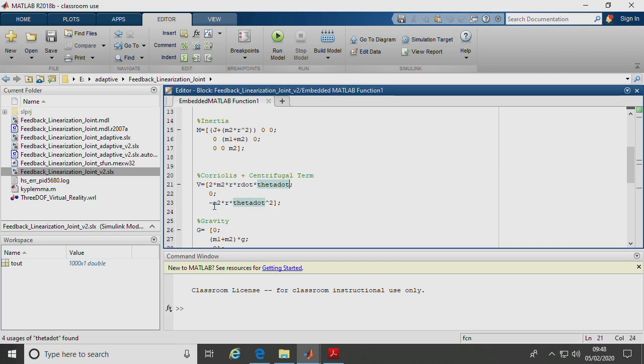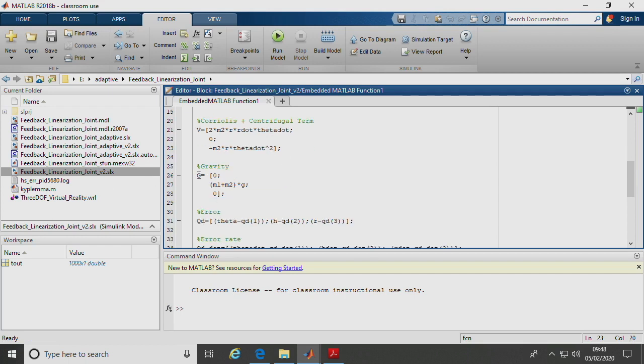And here that is an angle, and this is the length r. That overall gives us a centrifugal force. All right? Well, the gravity vector is pretty much that one there.